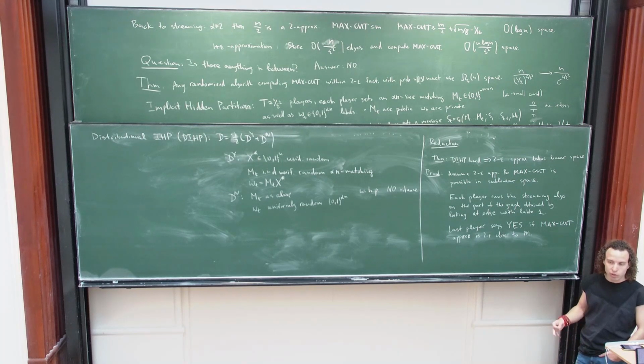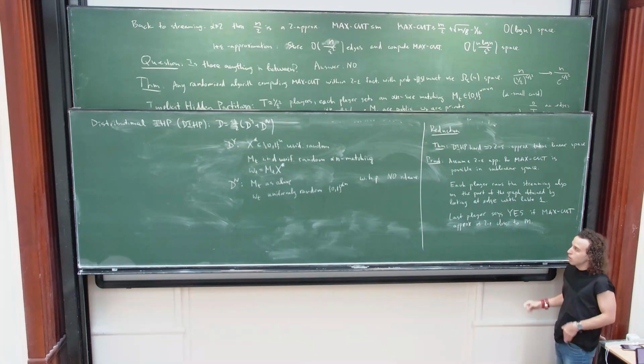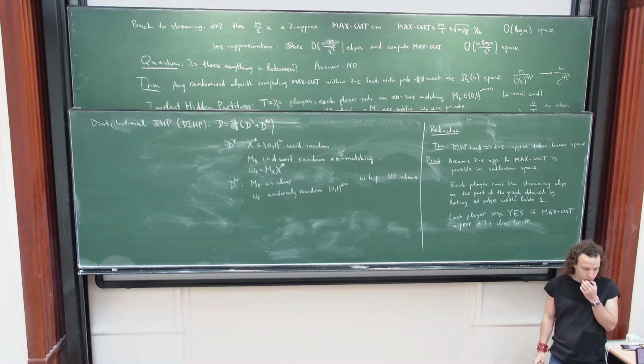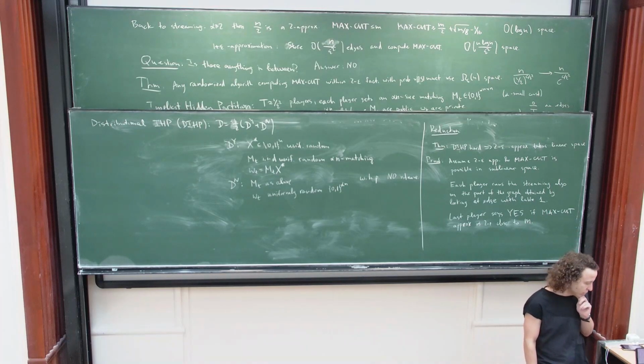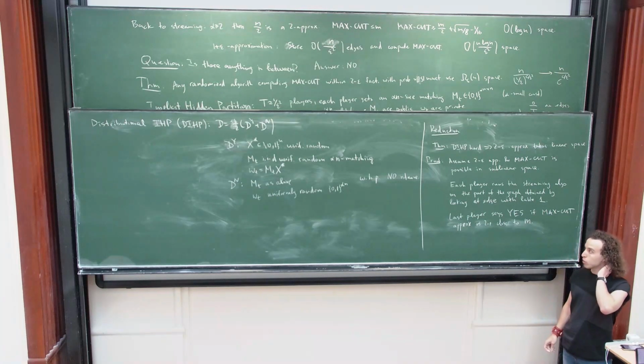The concentration is good enough that for each bipartition you can show that the number of edges crossed by this bipartition is roughly 1/2. Okay. Right. So this is the reduction. So now the question is what you do with this distributional implicit hidden partition problem.